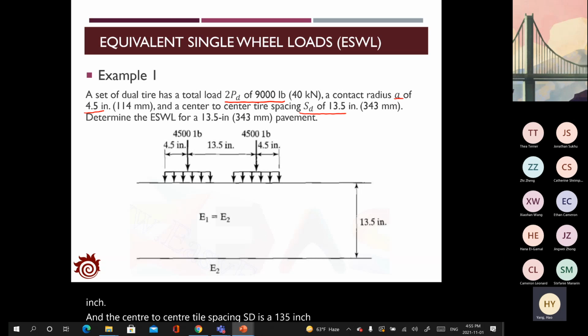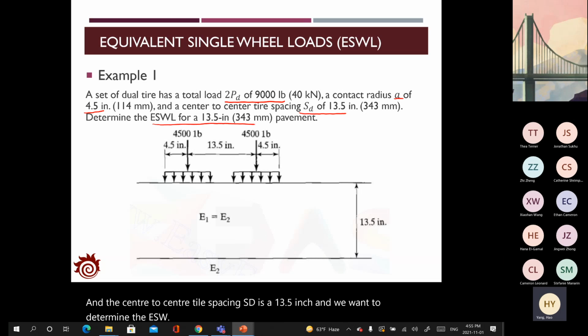And we want to determine the ESWL at the thickness of 13.5 inches. So here we need to use all these assumptions and the equation we defined in the previous page to estimate the ESWL.